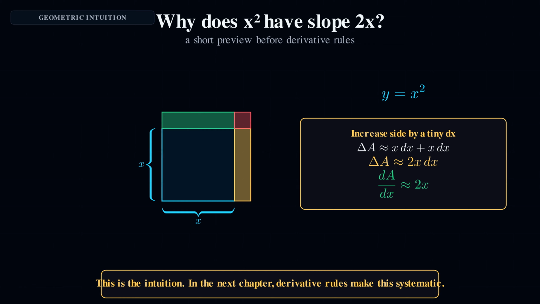The tiny corner dx squared becomes extremely small. So the main area change is about 2x dx. That means the rate of area change with respect to x is about 2x. At x equals 2, that gives 4. This is only an intuition preview. In the next chapter, we will turn this into derivative rules.